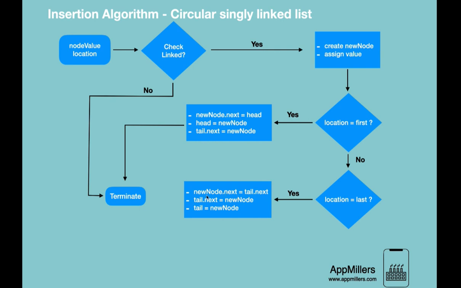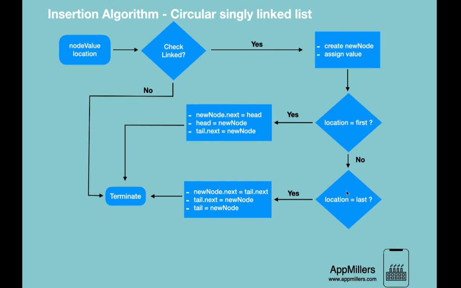After creating a connection between the new node and the first node, we need to create a connection between the last node and the new node. By updating tail's next to the new node, we create that connection. Then we set the tail to the new node, because tail has to store the physical location of the last node. In this case, the last node becomes the new node. After completing this, the insertion of a new node at the end of the circular linked list is complete, so we terminate our algorithm.